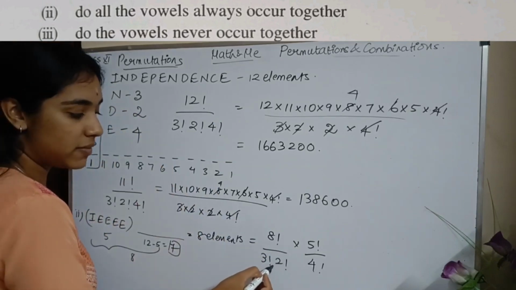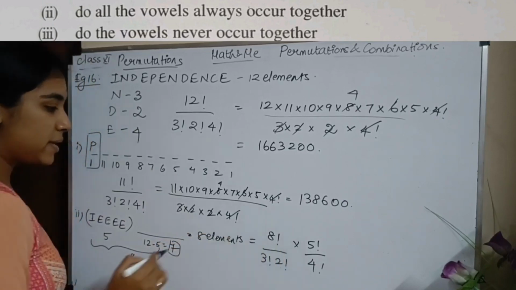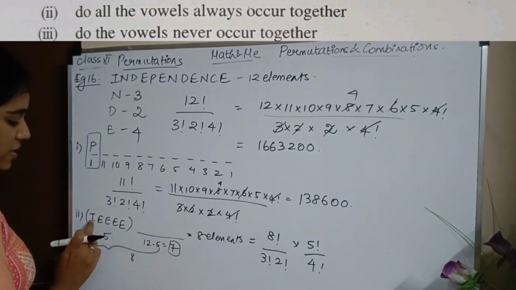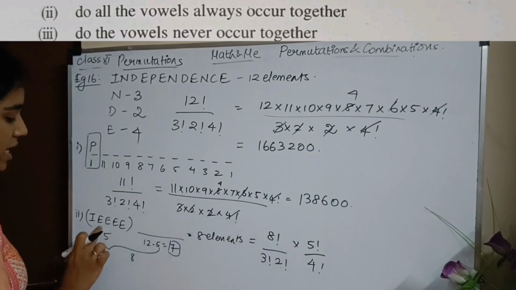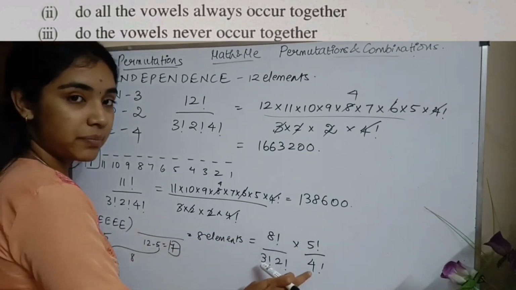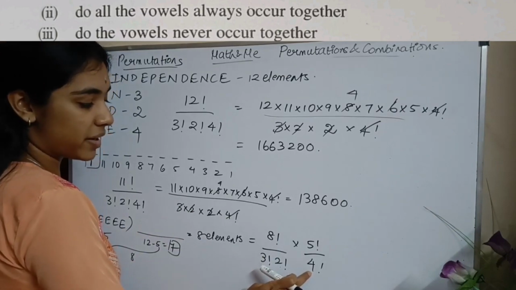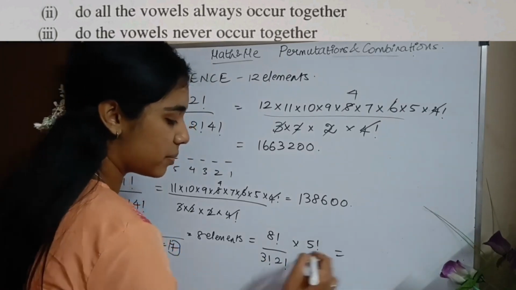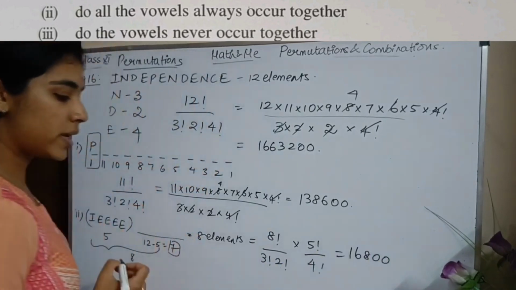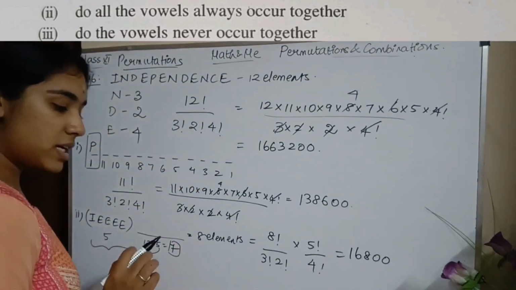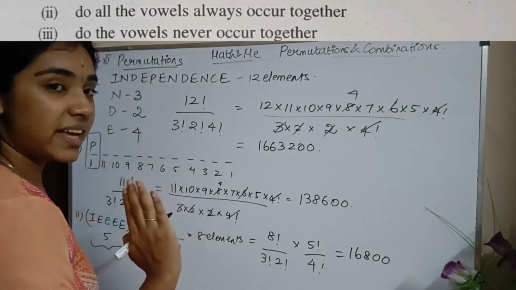So I have to divide by 3 factorial times 2 factorial, times 1 element here which has 5 elements inside this. It can be represented in 5 factorial ways. I have 4 E's, so I have to neglect them by dividing by 4 factorial. So what answer will this give? I'll just copy the answer, 16800.